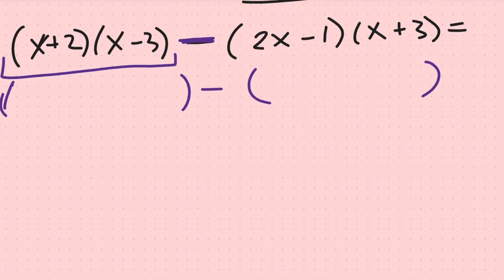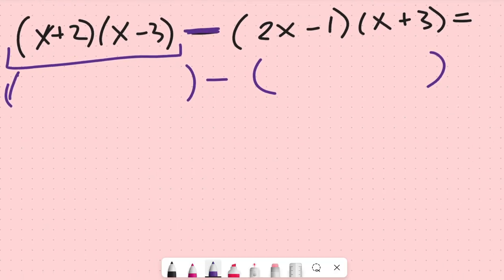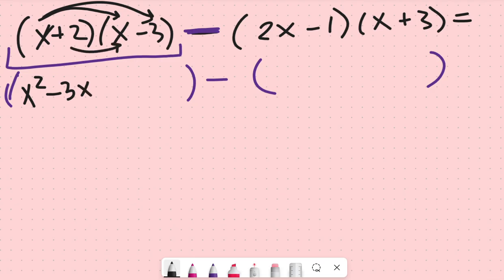Let us try to zoom this in. So, we start with the one on the left side. X multiplied by x will be x squared. X multiplied by minus 3 will be minus 3x. 2 by x will be 2x. And 2 by minus 3 will be minus 6. Perfect.